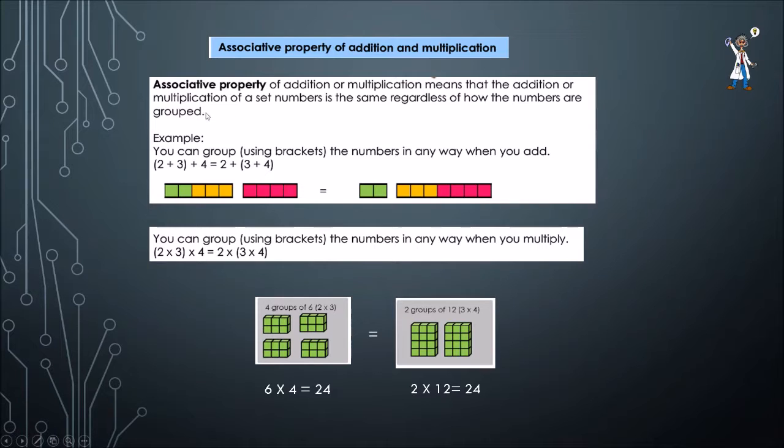Example: if I have 3 numbers, 2, 3, and 4. If I group the 2 and the 3 together, and I say 2 plus 3, I will get 5. And I add 4, I will get 9.